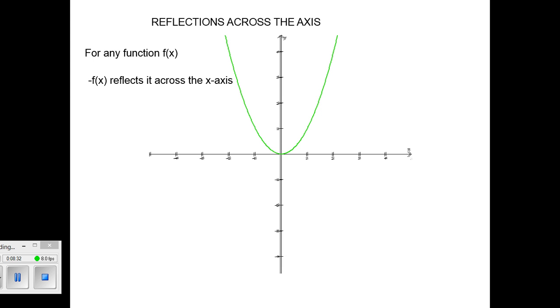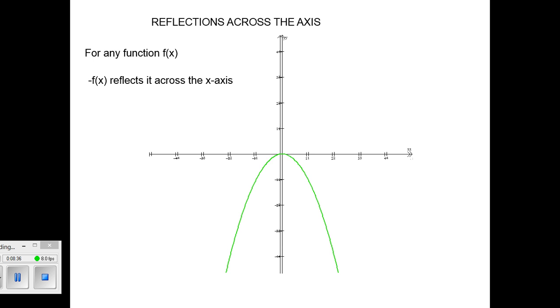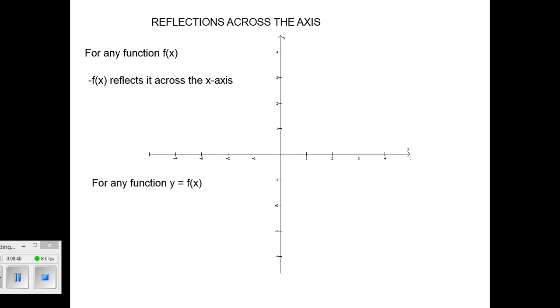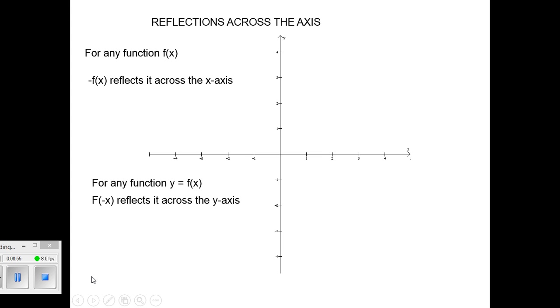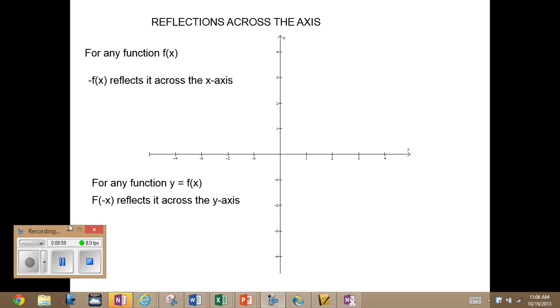Flipping that across the x-axis gives us this, whose name is y is equal to the negative x squared. Flipping a graph across the y-axis is going to be accomplished by replacing all x's with their opposites. Okay, all right, we're going to stop it there and come back for another video.